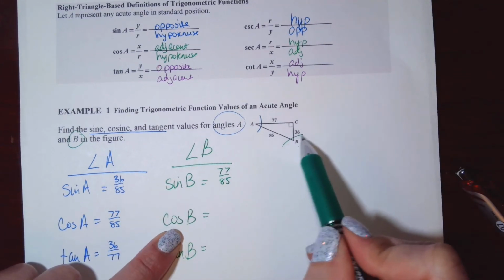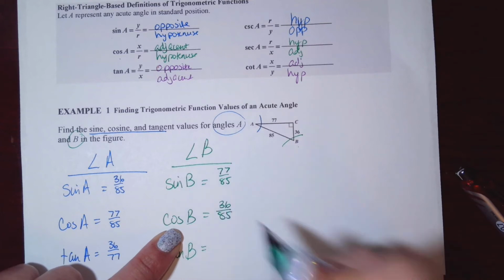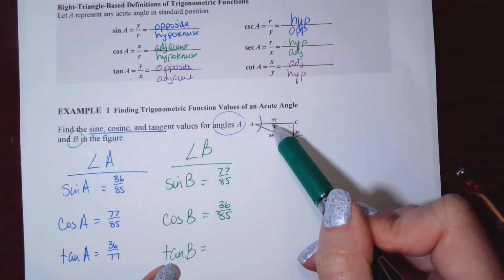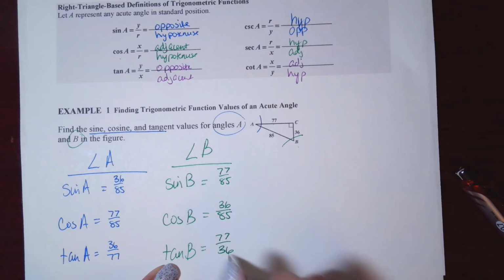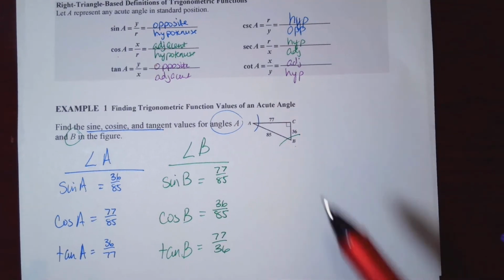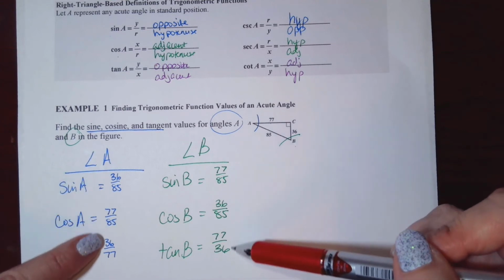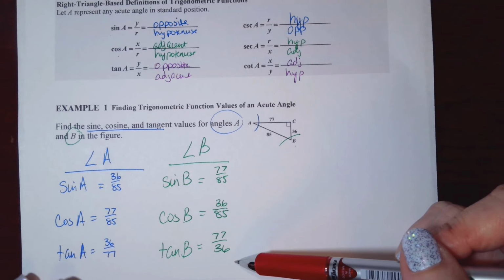Cosine is adjacent over hypotenuse. And tangent is opposite over adjacent, in reference this time to angle B. Now, do you remember us mentioning our cofunction identity? When I look through these lists, I see that we have some things in common.